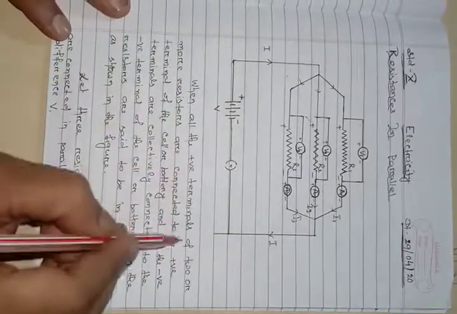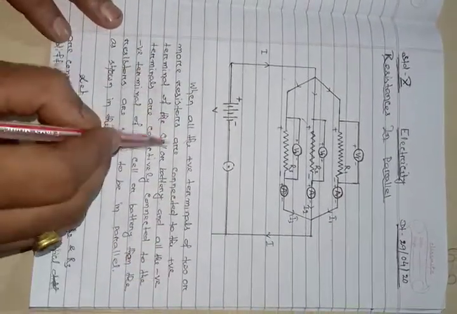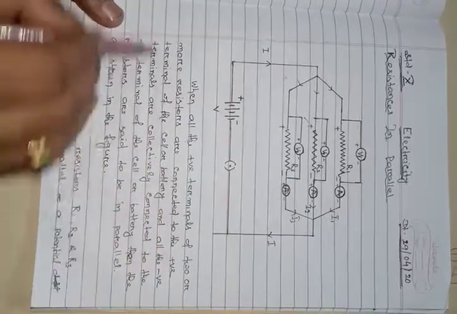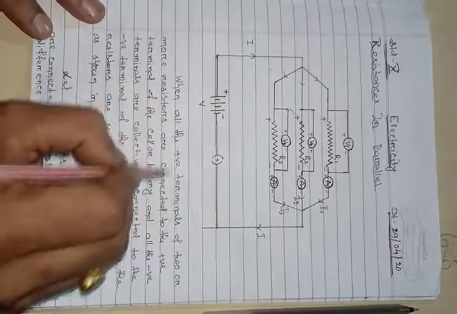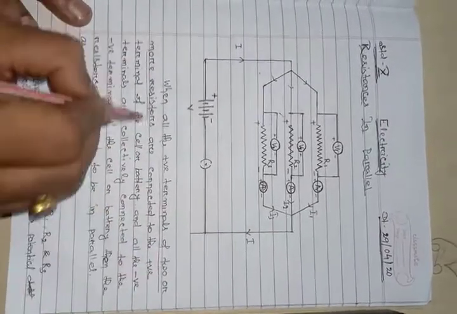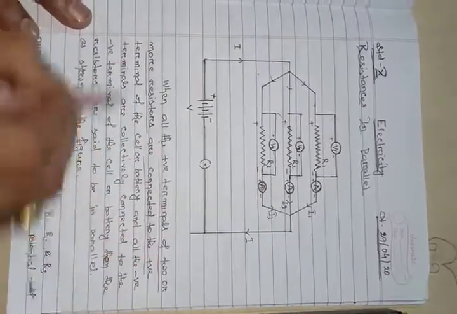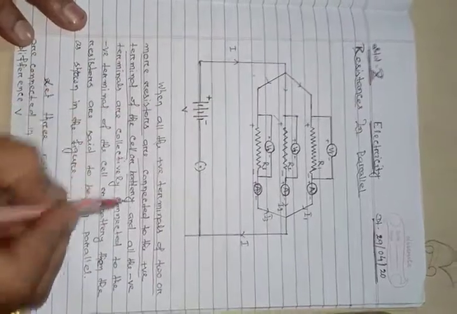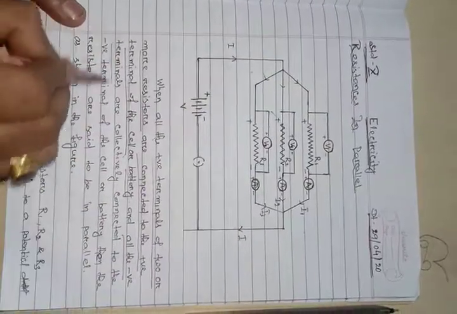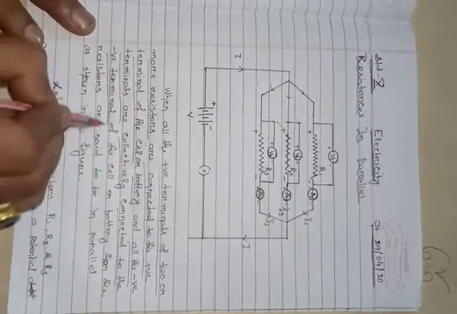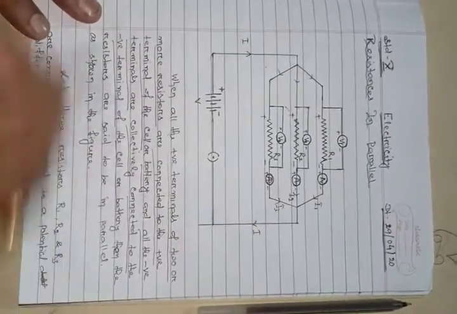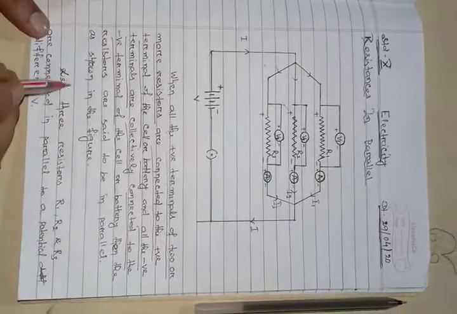When all the positive terminals of two or more resistors are connected to the positive terminal of the cell or battery, and all the negative terminals are collectively connected to the negative terminal of the cell or battery, then the resistances are said to be in parallel as shown in the figure.